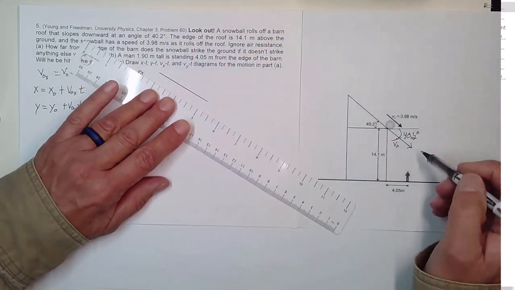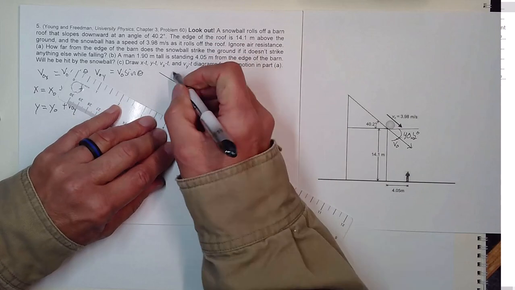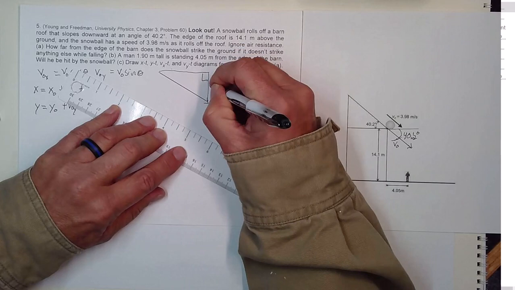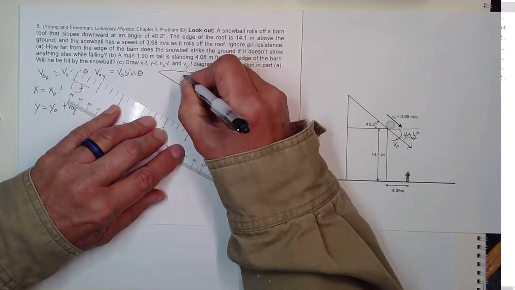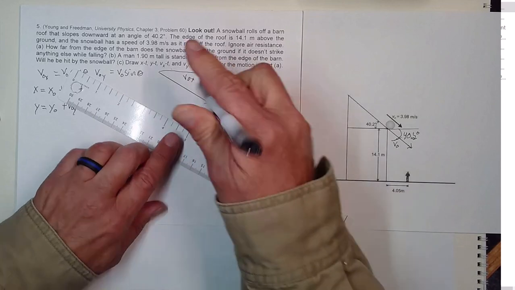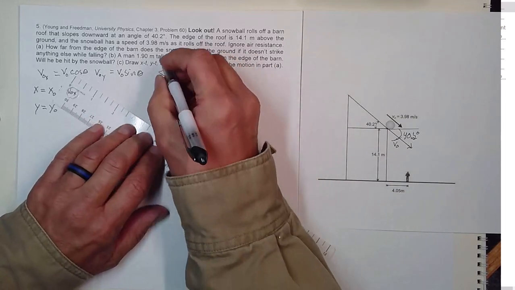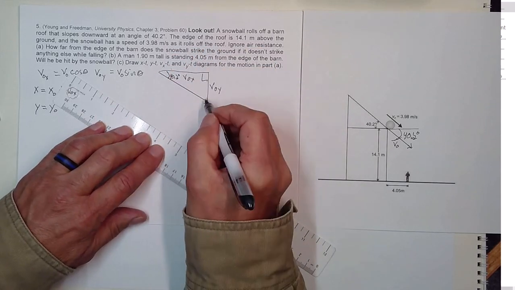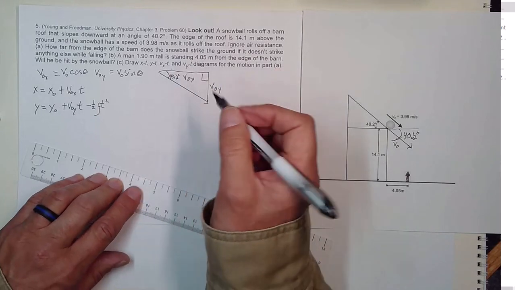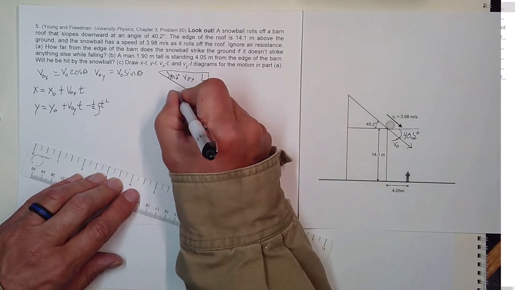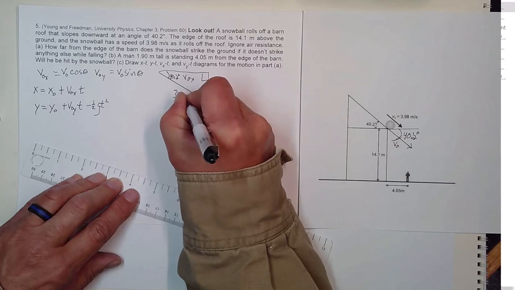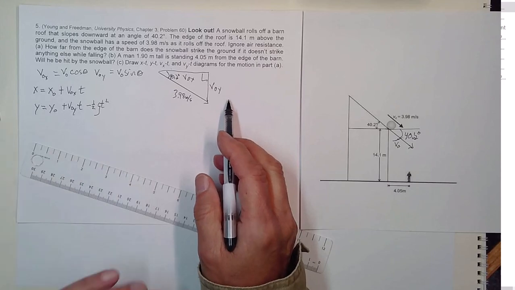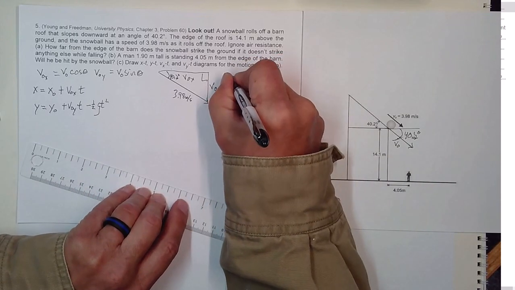I just redraw this picture and make a little right triangle here. It's got V naught y pointing down, V naught x that way, and this is the angle, 40.2 degrees. And the magnitude of V naught is 3.98 meters per second. It's on the diagram. Now, I know V naught y is going to be negative, and so I'm just going to write it with the minus sign.